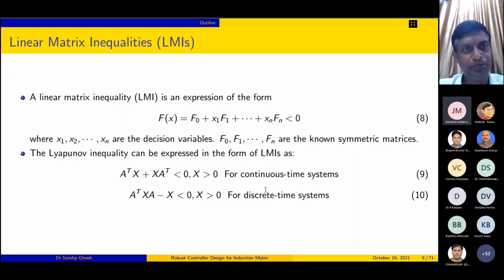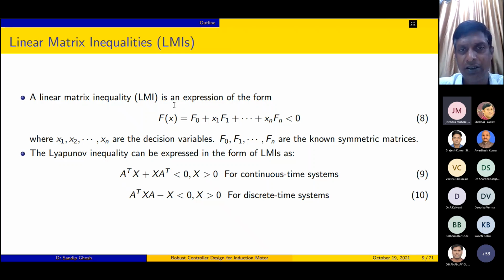For that, we'll briefly introduce the linear matrix inequalities. Linear matrix inequalities are a tool using which we can solve such problems more easily, and many control design problems can be framed as an LMI problem to get a numerical solution for the design. So let us look at what a linear matrix inequality is.